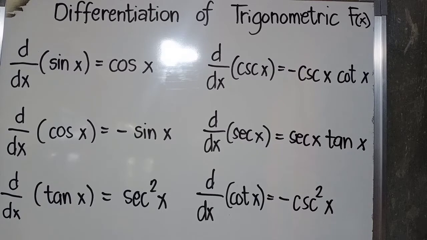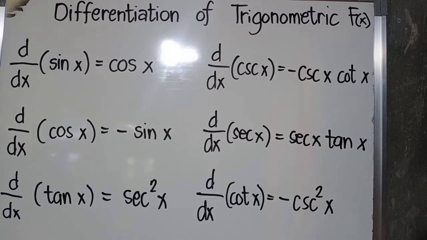So, those are the 4 techniques that you can use in order for you to be familiar and to remember the differentiation of these 6 trigonometric functions. Number 1, again, if it starts with letter C, its derivative is negative. Number 2, remember the pairing, sine and cosine, tangent and secant, and cosecant and cotangent.